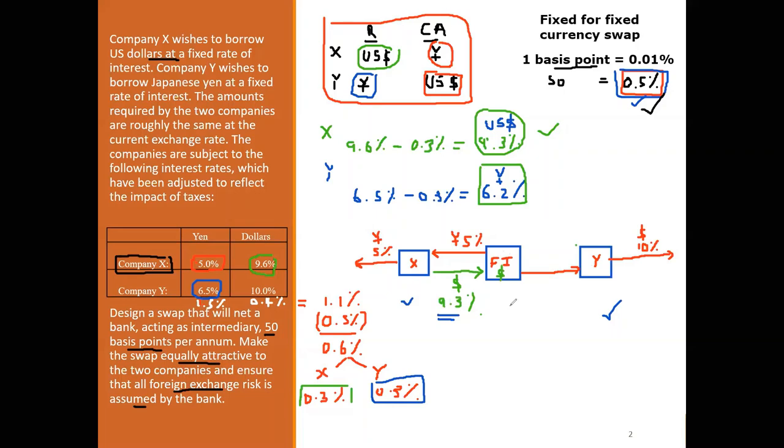So the financial intermediary would want this 0.5% return, and that 0.5% return should be only in dollars.